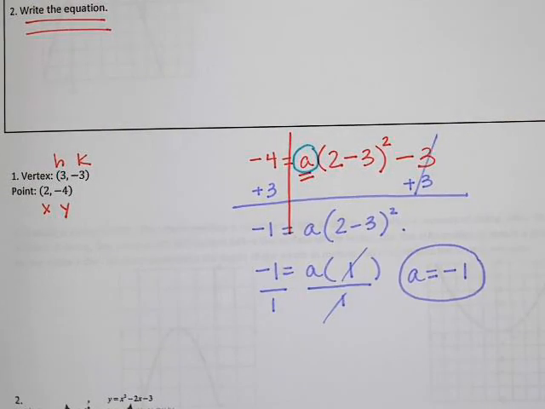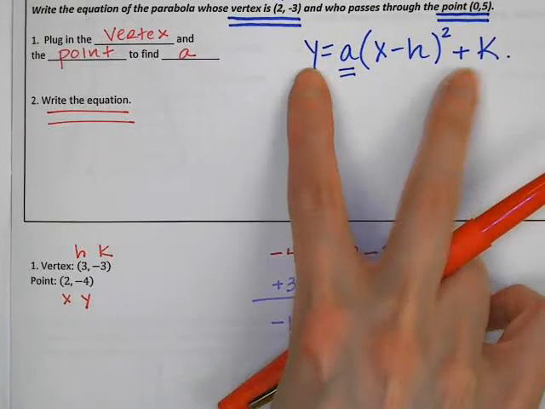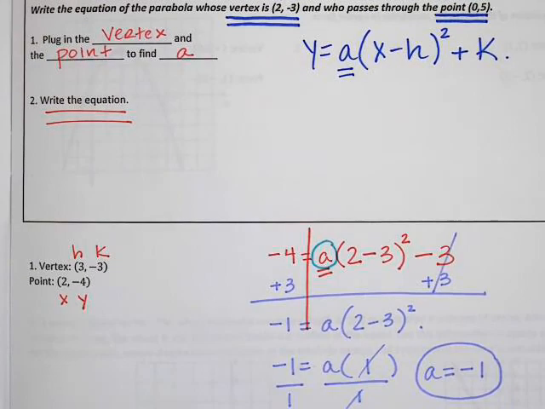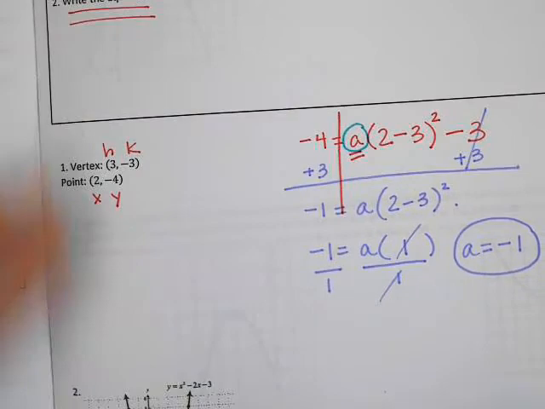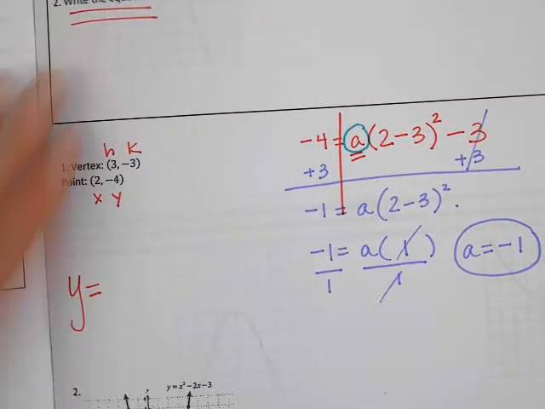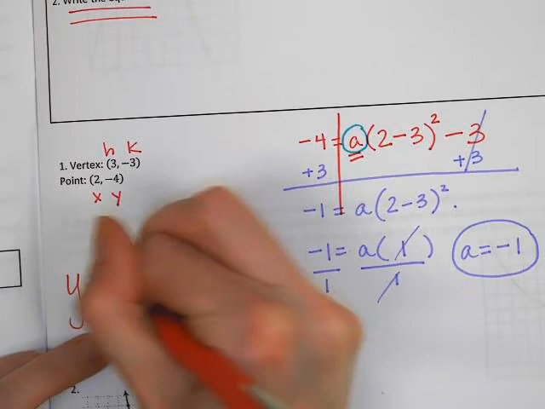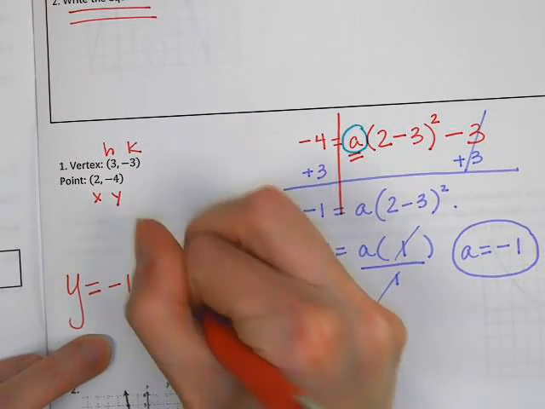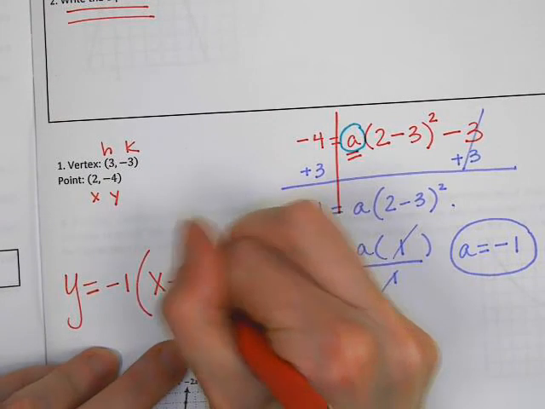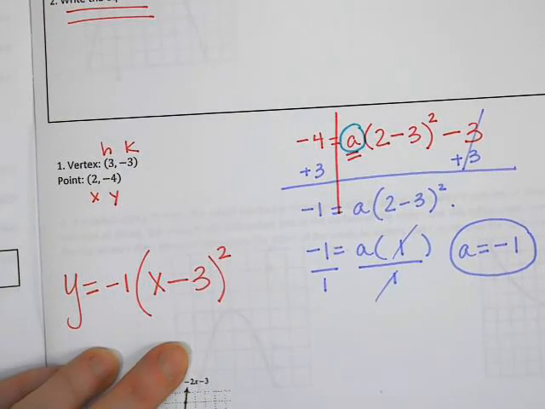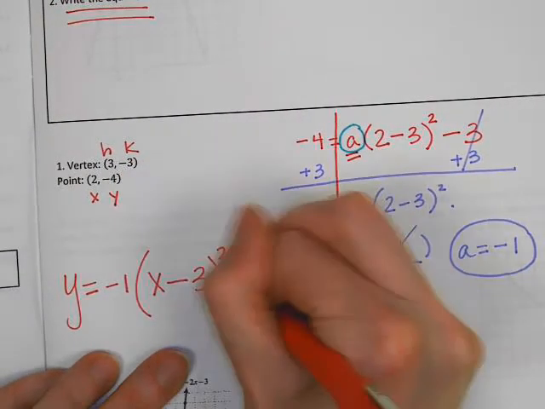Okay, now our final answer, we're going to plug everything back into the equation, but we're going to leave x and y as just x and y. So we're going to plug in a, h, and k. So final answer, y equals a is -1 times (x minus h is 3) squared plus k is -3.